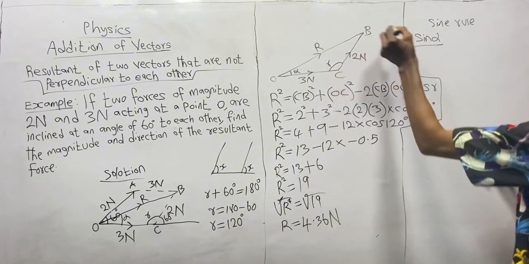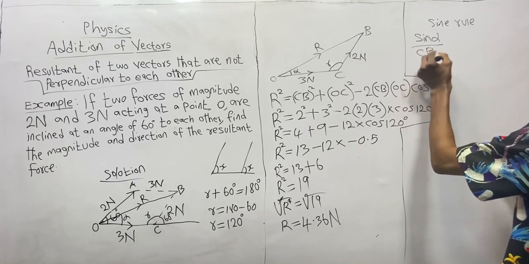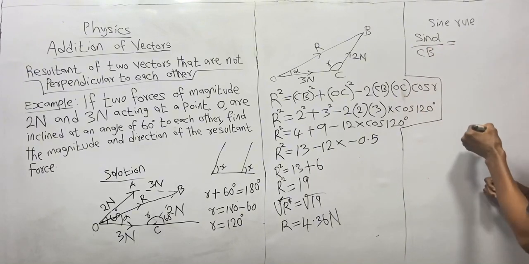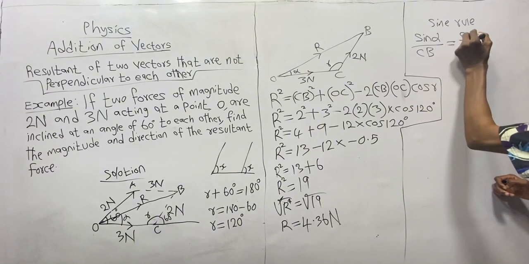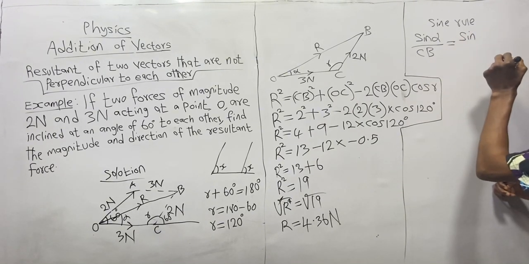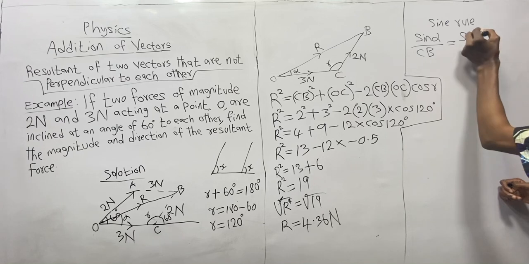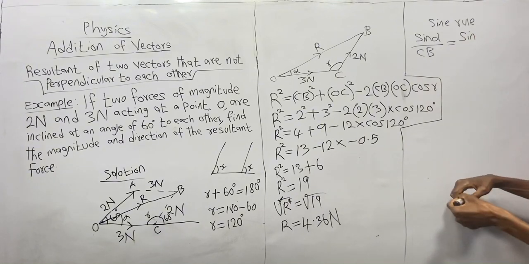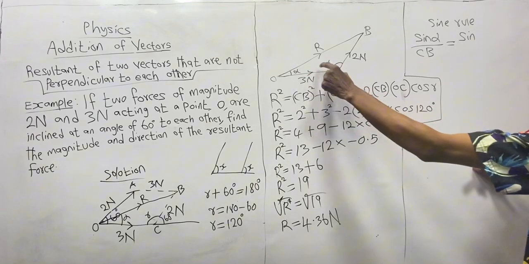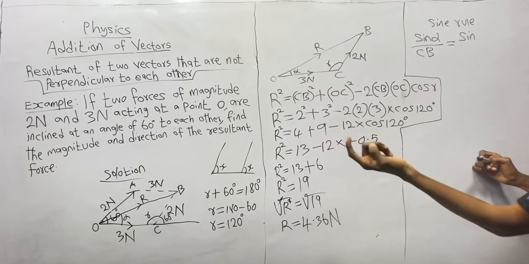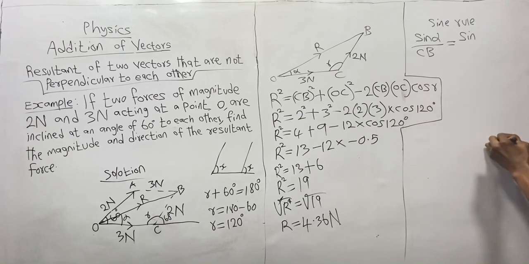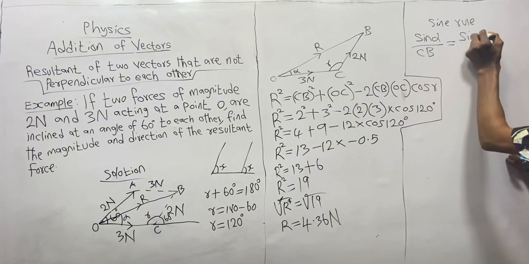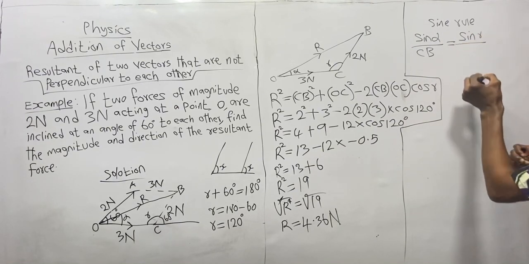Side CB, is equal to the sine of any other angle, and which in this case, the other angle outside alpha is what? Your angle R, which you have already calculated to be what? 120 degrees.